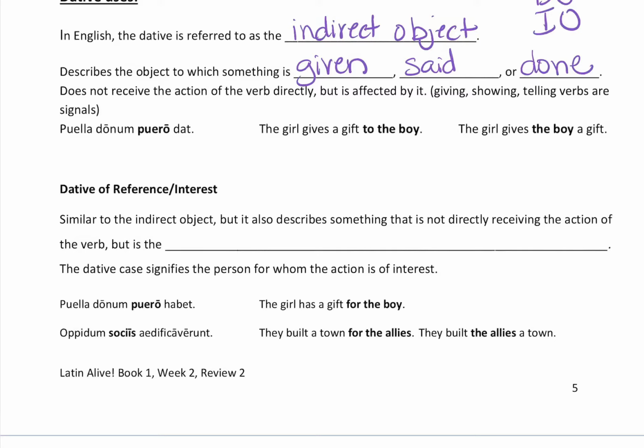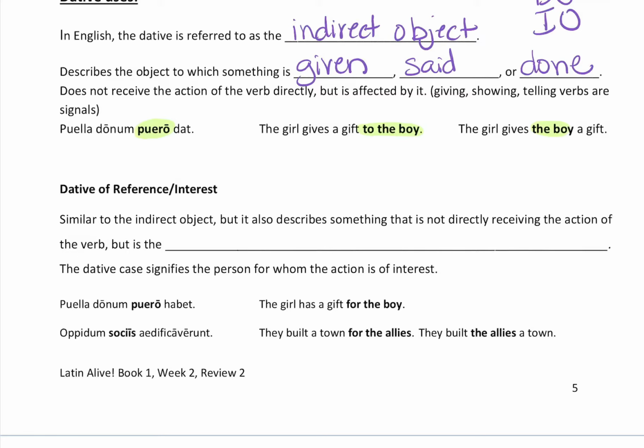So here we go. This is the dative. Puella donum puero dat. The girl gives a gift to the boy. And we don't always have to have that "to" or "for" in there. In English, we can do the same by saying the girl gives the boy a gift. Same thing. We just say it a little neater and cleaner when we say it that way in English.